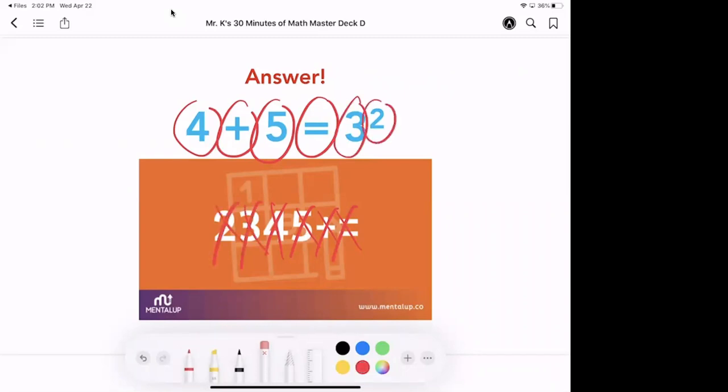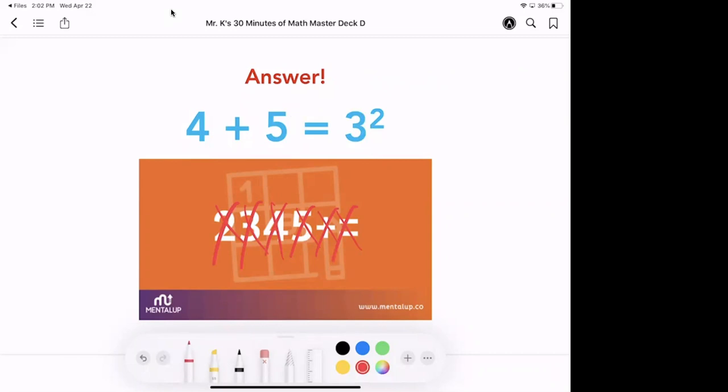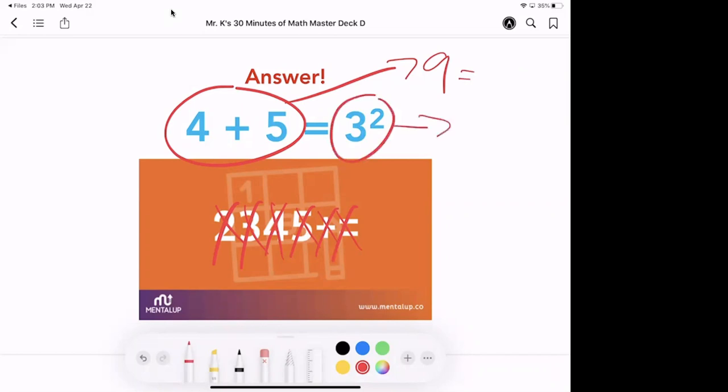So we have everything we need. Let's review how this would go. 4 plus 5, easy peasy, that's 9, equals 3 squared. 3 squared, we know, is 3 times 3, which is also 9. So there you have it. That was the answer to the math riddle of the day.